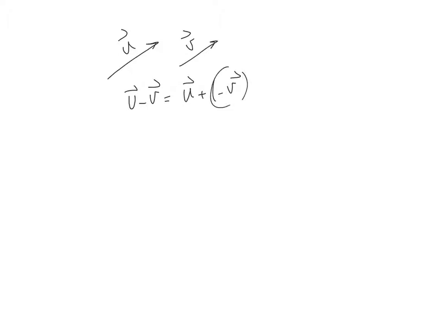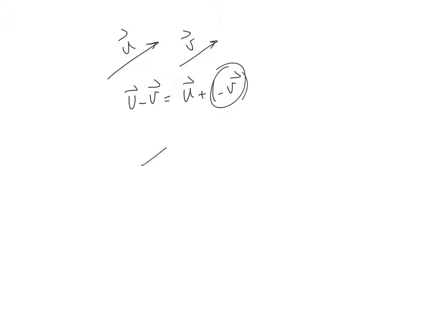The next case is, what about subtracting vectors? Meaning, if I have a vector like u here, and I want to subtract v, which is drawn here, we can say that u minus v is the same as u plus negative v. Now, negative v means the same vector, the same magnitude, but in opposite direction. And then you're going to add them.